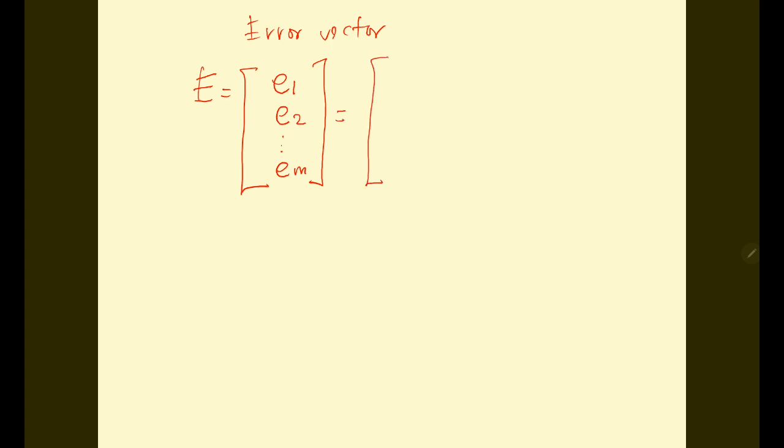So the error vector E equal to E1, E2, and so on until Em, equal to y1 minus phi 1 theta, y2 minus phi 2 theta, until ym minus phi m theta.